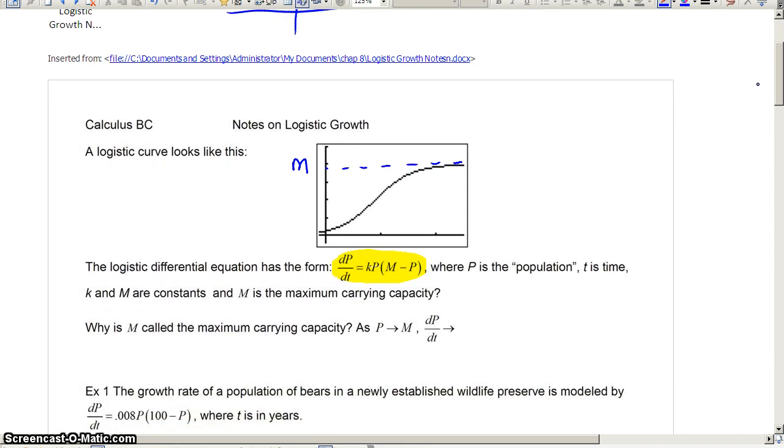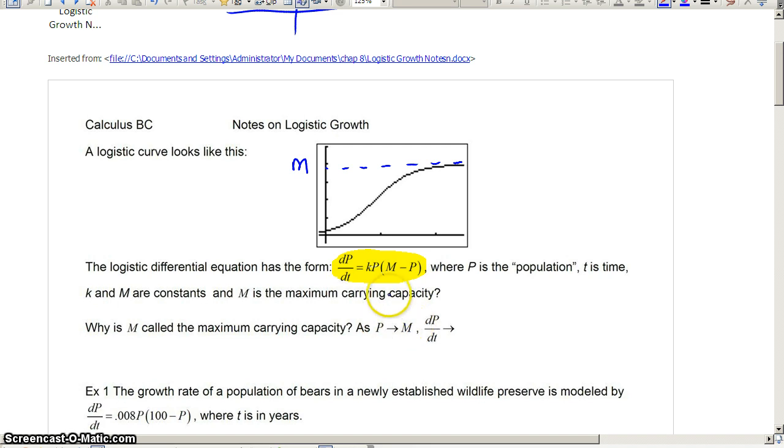Let's see why M is called the maximum carrying capacity. We'll go back to this differential equation. As P gets closer and closer to M, the maximum carrying capacity, this differential equation is going to be very interesting.